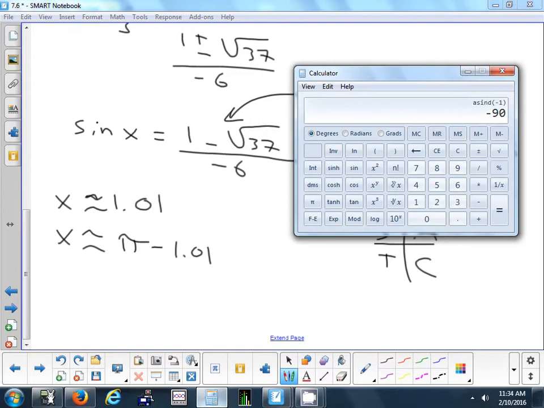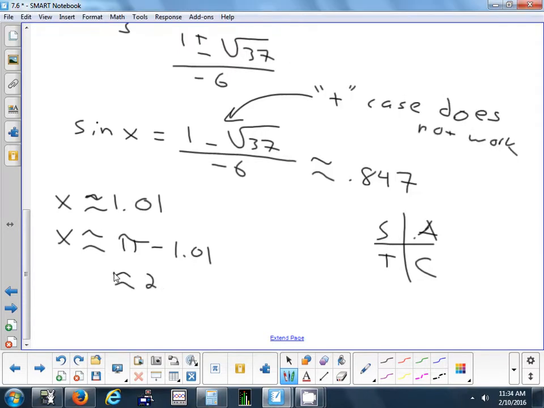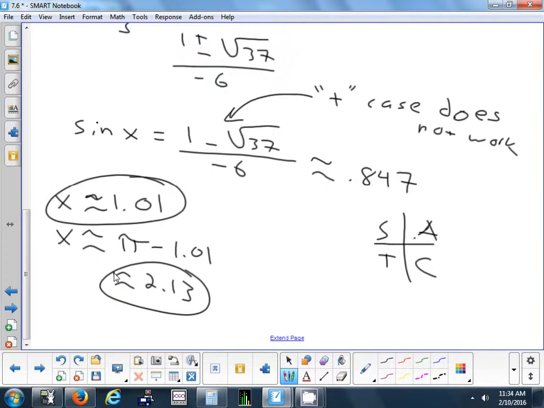Yep. So pi minus it. Since we've already rounded 1.01, we can round pi too. So 2.13. If the other case had worked, I'd be getting 2 answers there as well.